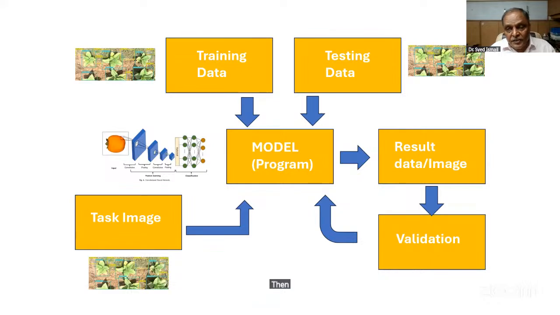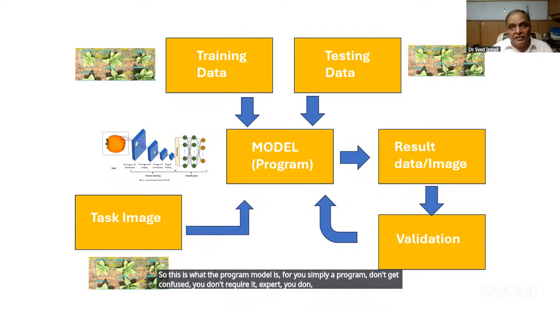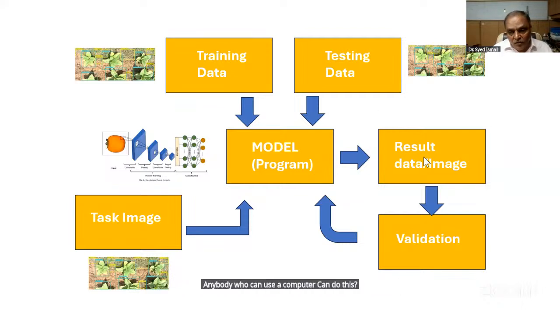Then the model will be tuned for the data you have, and it can predict what you have trained it for. So the model is simply a program. Don't get confused. You don't require an IT expert. Anybody who can use a computer can do this. Once the result data comes, you validate it and feed it back to the model for correction. This is how the model works.